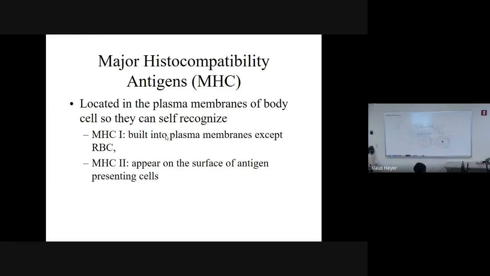And so all of our cells, pretty much all of our cells, have these MHC1 molecules. They're built into our cells, and there are pieces of them sticking out on the outside. I view it like a name tag, like a name tag saying class, right?